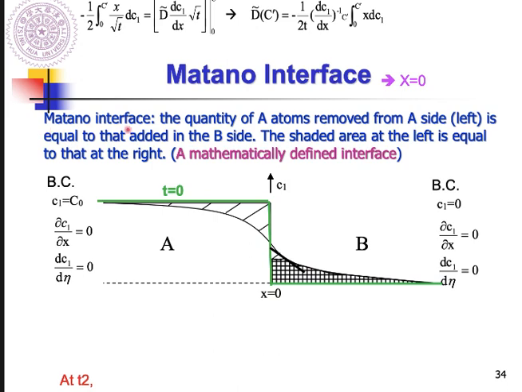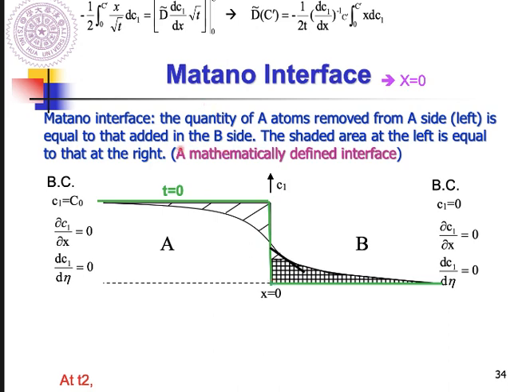So what's a Matano interface? The quantity of A atoms moved from the A side is equal to that ended in the B side. So this location, or this interface, we call the Matano interface.